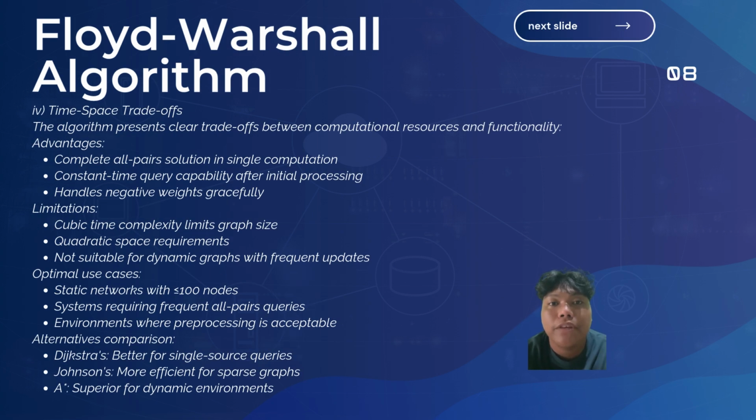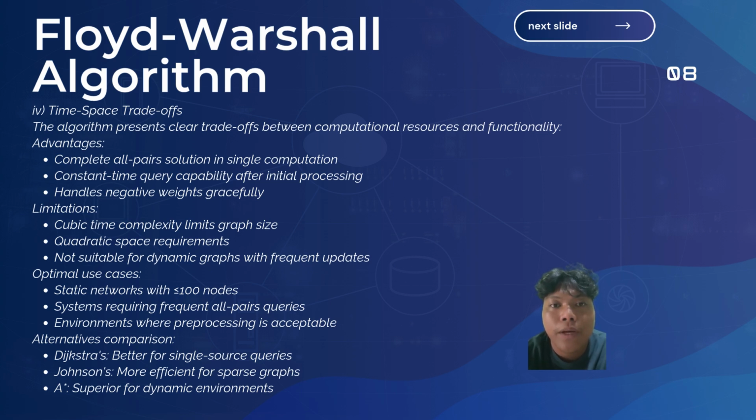Time-space trade-off. The algorithm presents a clear trade-off between computational resources and functional advantages. Advantages: a complete all-pairs solution in a single computation, constant time retrieval after initial processing, and it handles negative weights gracefully. For limitations, cubic time complexity limits graph size, and the quadratic space requirement is not suitable for dynamic graphs with frequent updates.